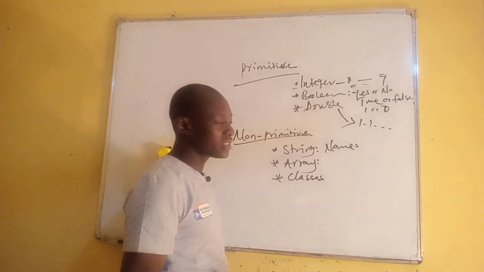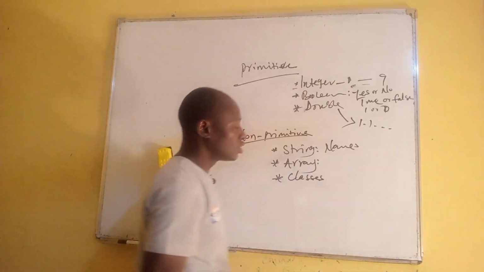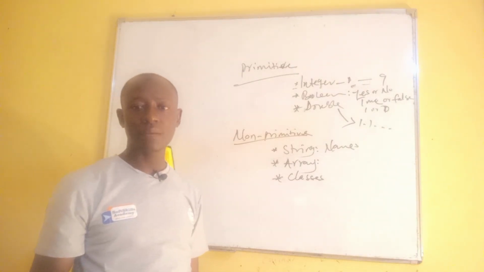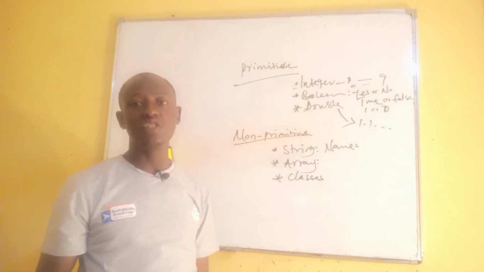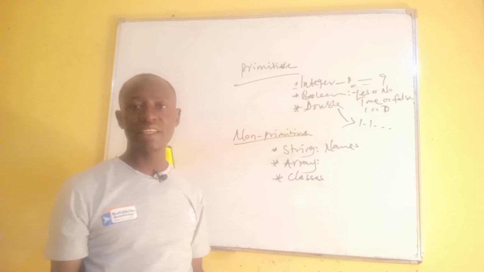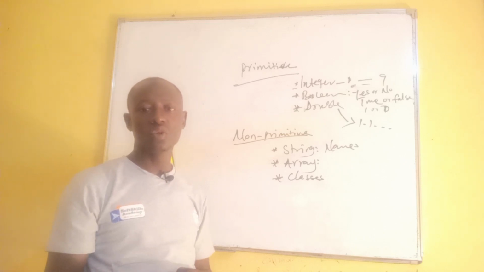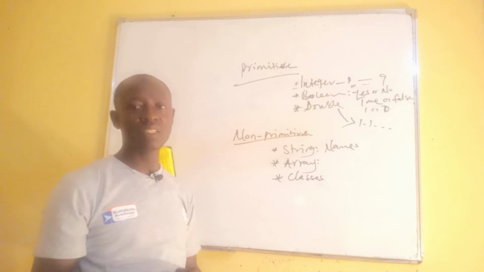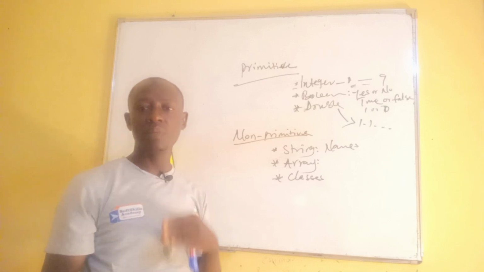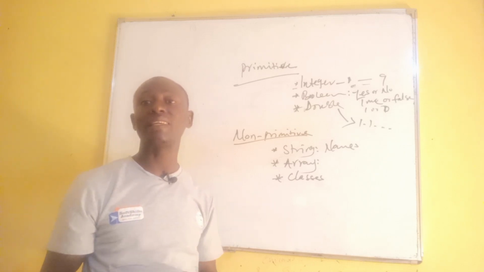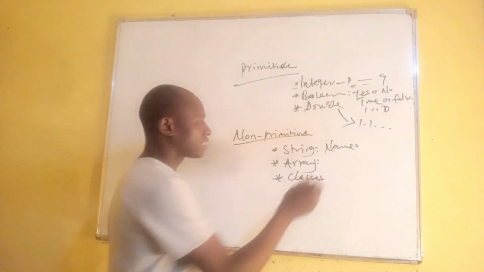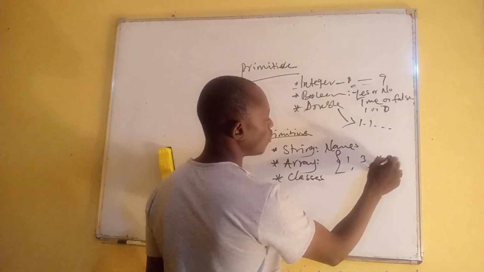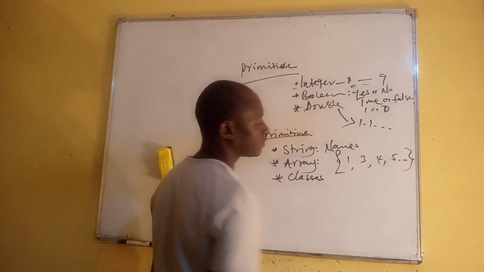When we talk of arrays, normally an array is a given number of items that are going to be kept within a list, and that list is referred to as elements, and each element is accessed by what we call an index number. For example, you are going to store 1, 3, 5, 4, 5, and so on.